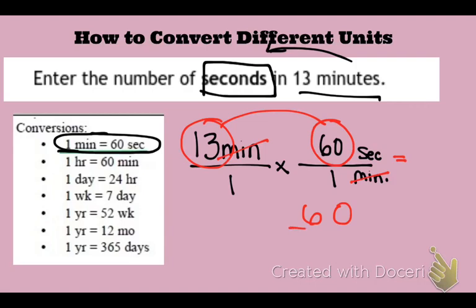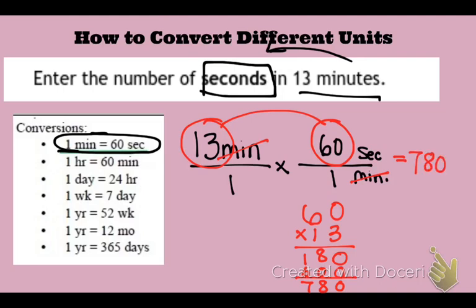I'll do that right here. Oh, I can't do it there. All right, take that back. We'll do it this way. 60 times 13, which is 780.